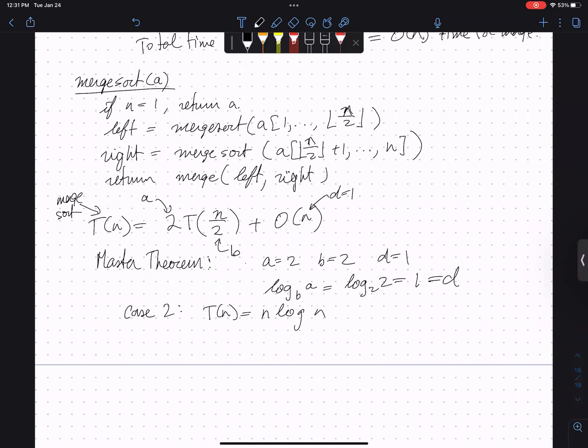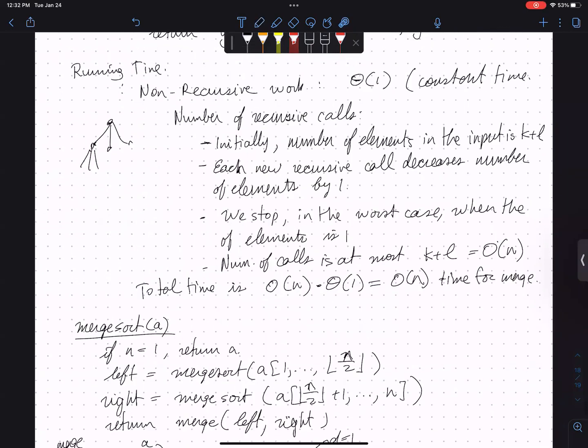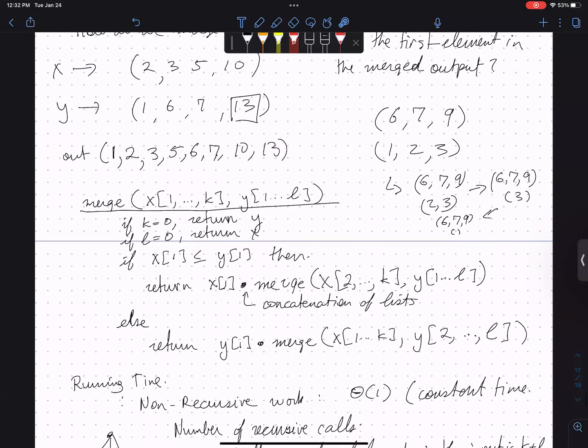Right, any questions on merge sort? The question is, what is the time complexity of concatenation if it wasn't just one element? Well, it really depends on how you implement that.